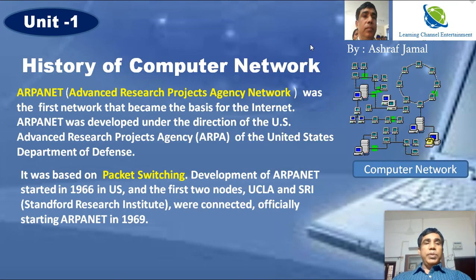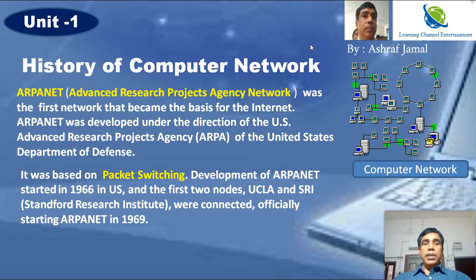Now history of computer network. ARPANET, Advanced Research Projects Agency Network, was the first network that became the basis for the internet. ARPANET was developed under the direction of the US Advanced Research Projects Agency, that is ARPA, of the United States Department of Defense. It was based on packet switching.